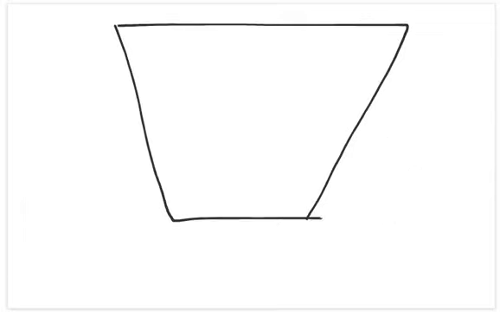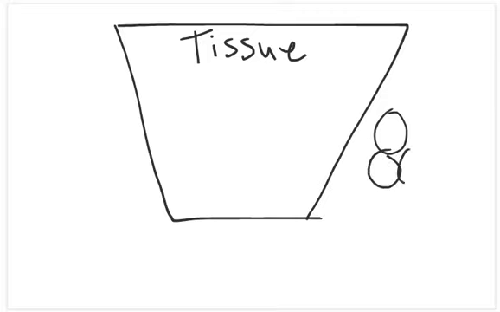Next is tissue. So in the next section up, write tissue in that little trapezoid there. And then we're going to draw a picture of kidney tissue. So the kidney's job is to filter out the wastes from your blood and to then be transported to the bladder so that you can then urinate them out. So I'm going to draw just several circles here, and these kidney cells have tubes inside of them, lots of different tubes.